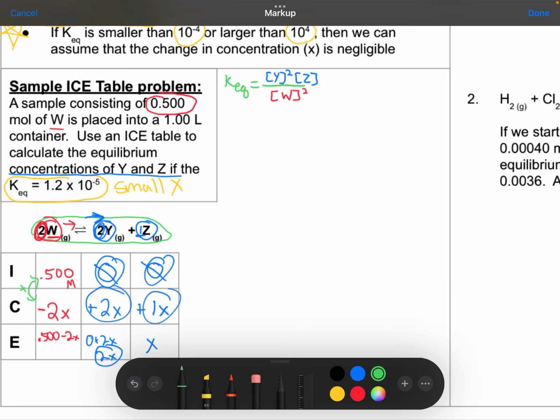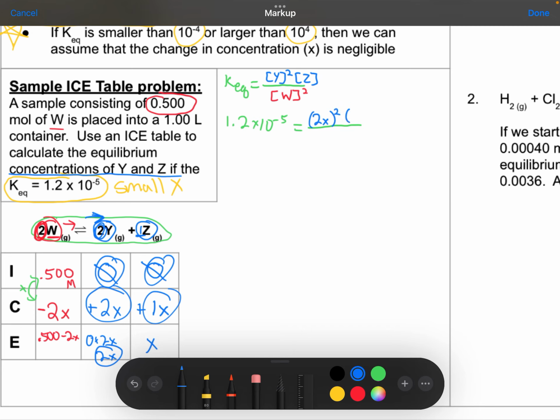Now, I have that, which means that now I can start filling in some values into this KEQ expression. So my KEQ value, as I'm told in my problem, is 1.2 times 10 to the negative 5th. My 2 product concentrations, for my Y, it's going to be my 2X, and I'm going to square that whole thing.